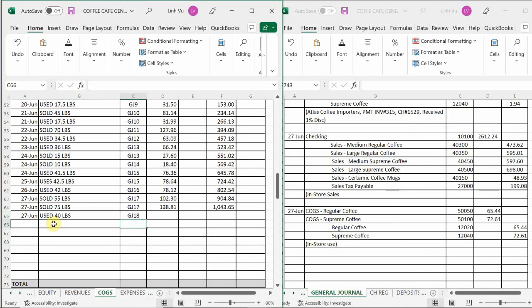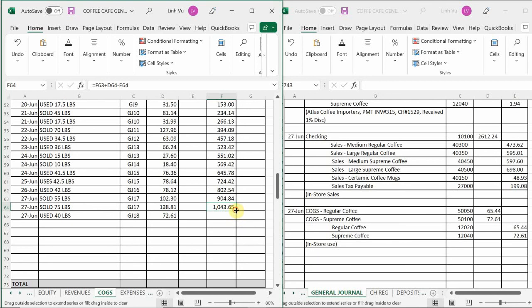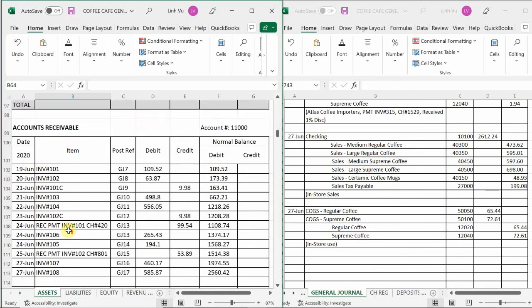Page 18 for 72.61. That should give you $1,116.26.